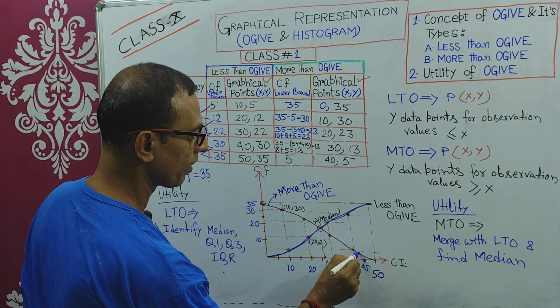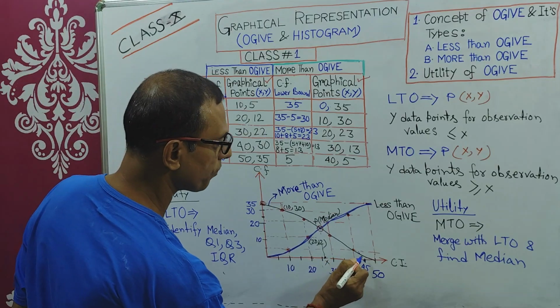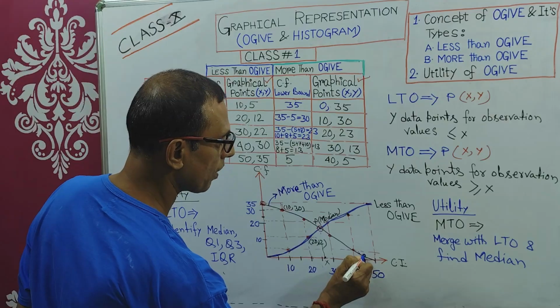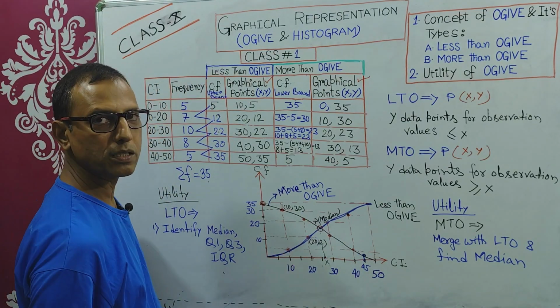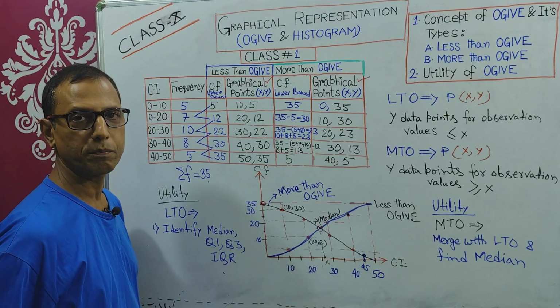That means that y-axis value at this point will give you the picture of how many students scored 45 and above. So those are the outperforming students.